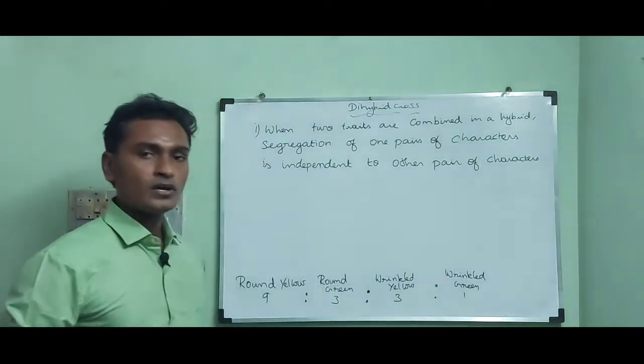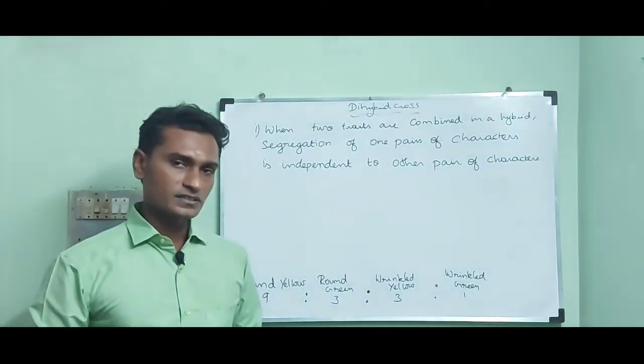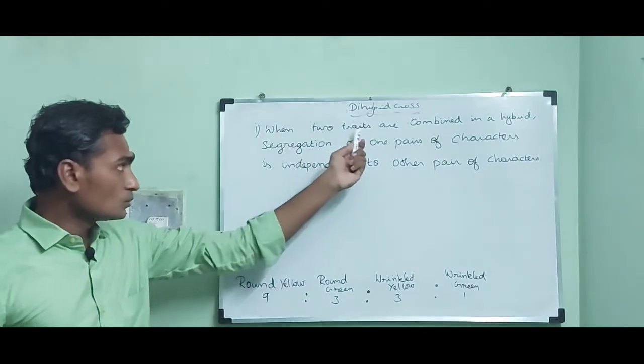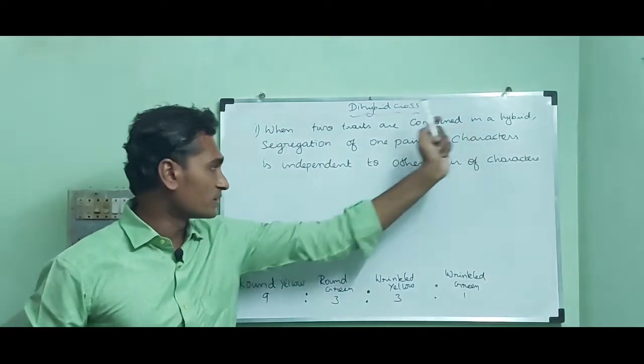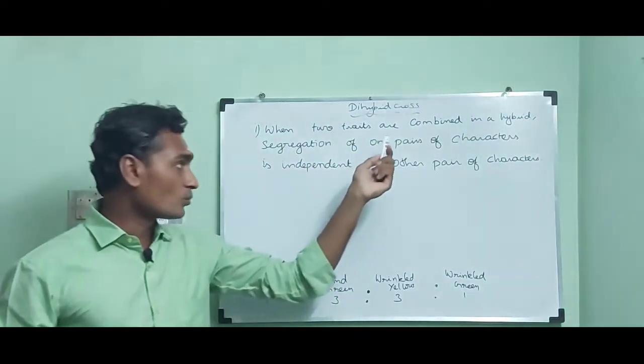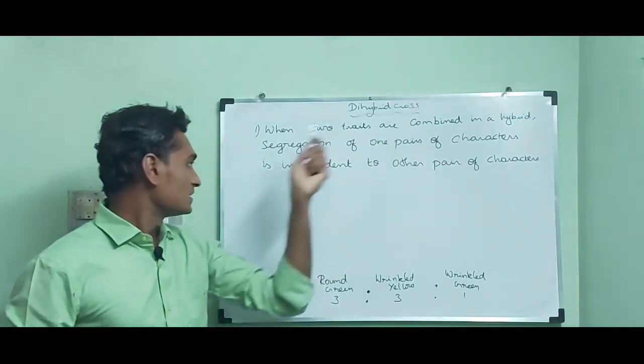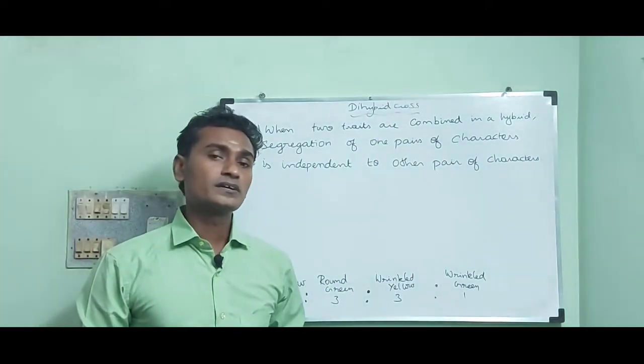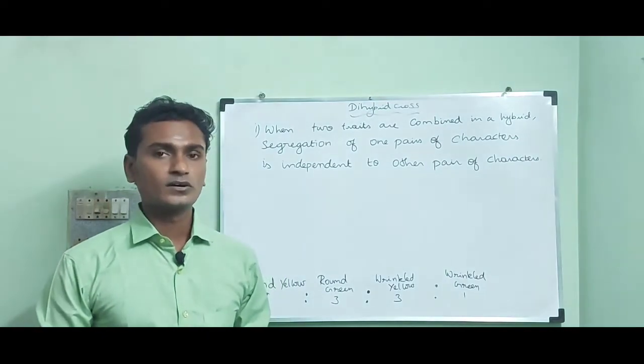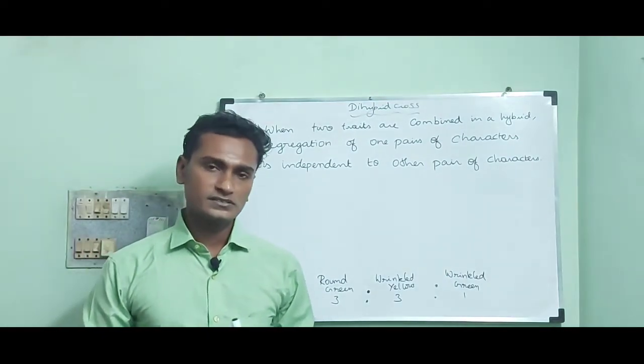This is called the law of independent assortment. When two traits are combined in a hybrid, segregation of one pair of characters is independent of the other pair of characters. This is called the law of independent assortment.